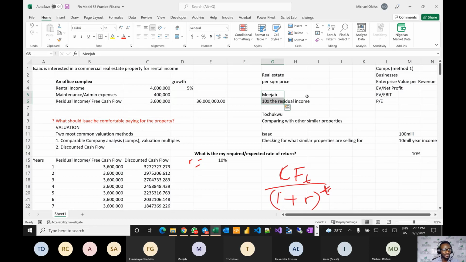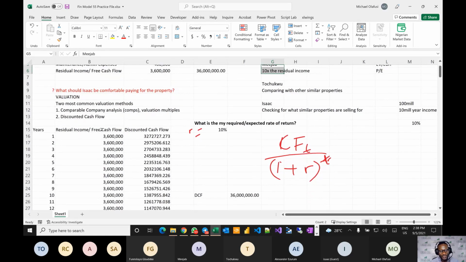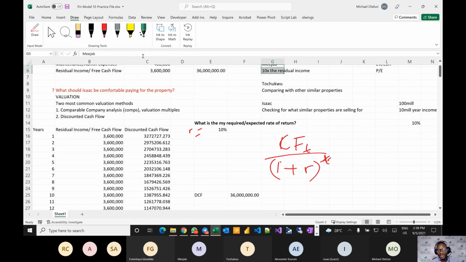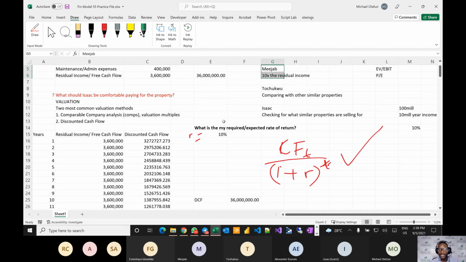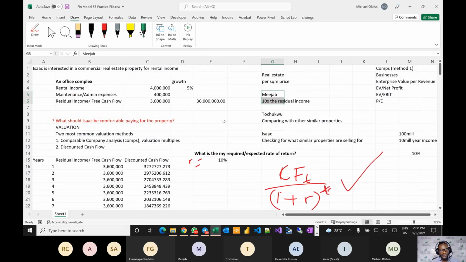You're only collecting 4 million this first year. Next year you're collecting more. So that's where the ability to use this formula is important, because this one can capture all those nuances. No business makes the same amount of cash flow every year. In real life, things are not going to be the same value every year.